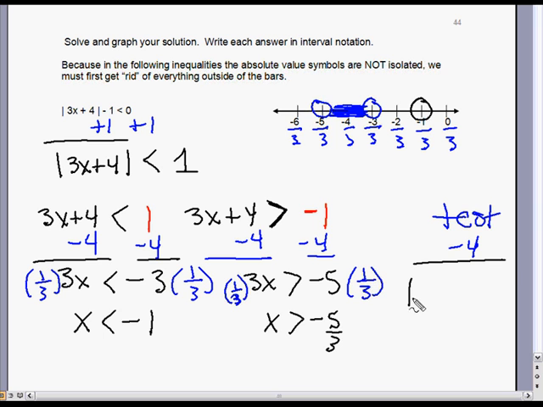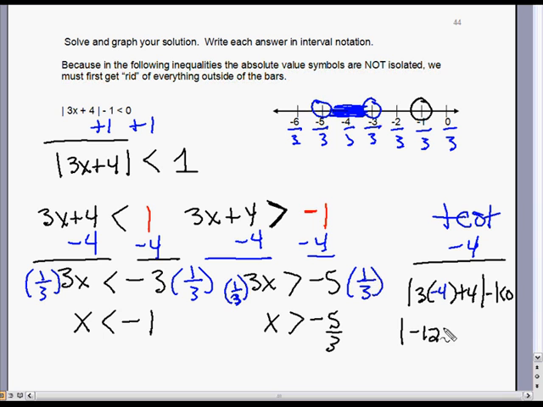We would have the absolute value of 3 times -4 plus 4, the absolute value, minus 1 is less than 0. Squeezing that in there. Sorry about that.